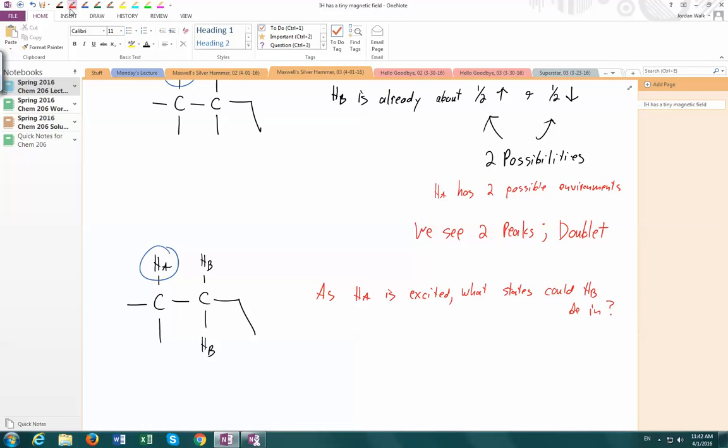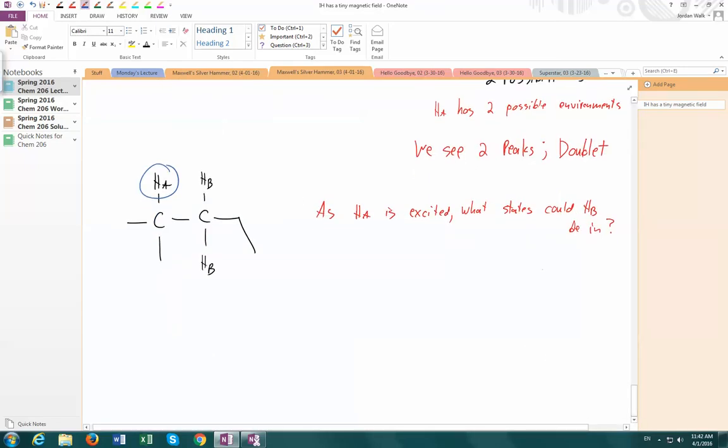All right, so HA is excited. What states could HB be in? And so we could have a case where they're both spin up. What other cases could there be? Yeah, we could have them both spin down, or we could have a combo. We could have one spin up, one spin down, or we could have the other possibility where we have one spin down and one spin up.